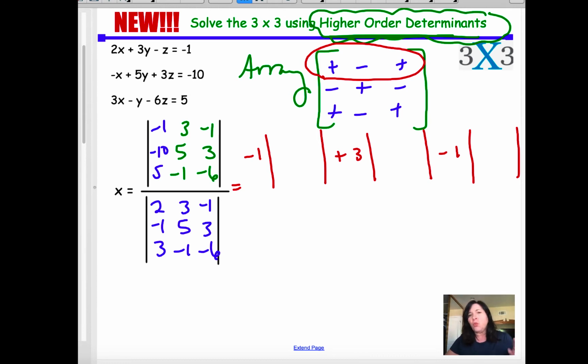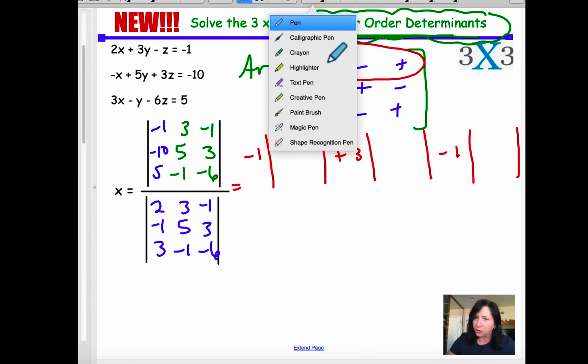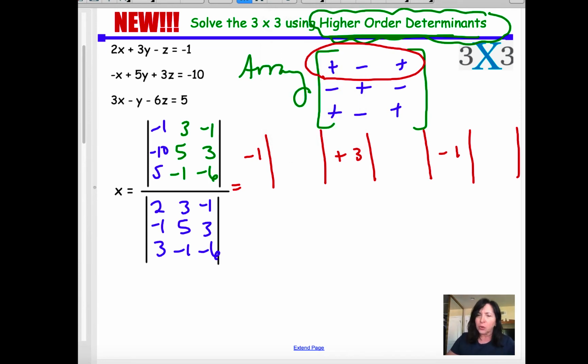Now, where I get those second order determinants has to do with crossing something out. So if I'm looking for the negative 1 value, I'm going to actually cross negative 1 out. If I were to put an X right on the negative 1, that's what I would have left.